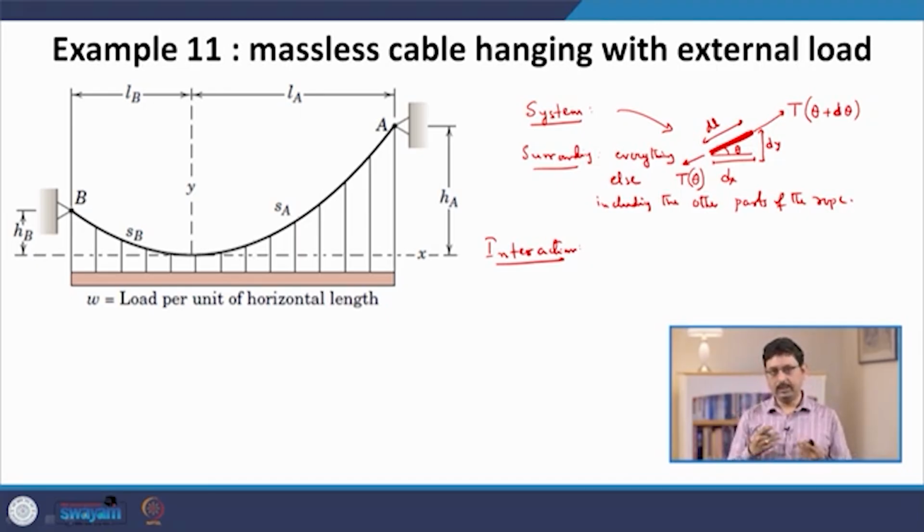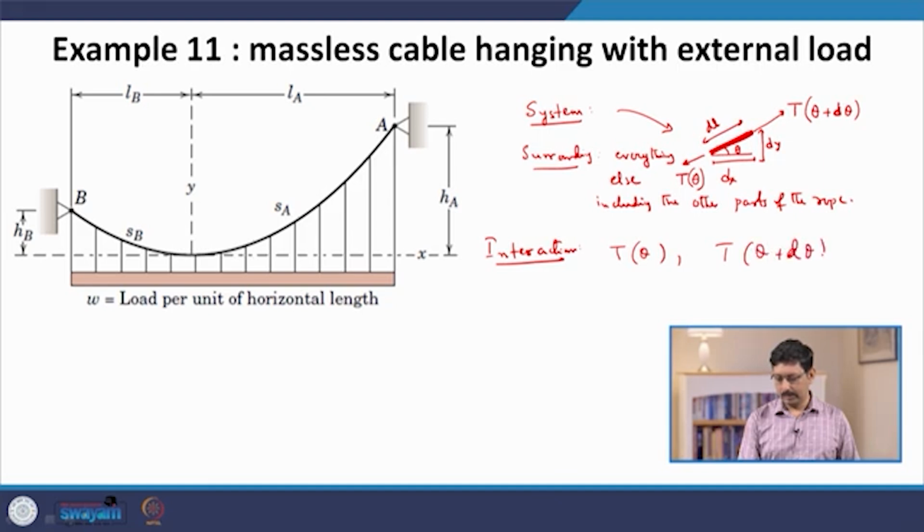You can easily see that if we look at the force balance of this slice of the rope here, there is another force. So, these are T at theta and T at theta plus delta theta as shown in the picture.